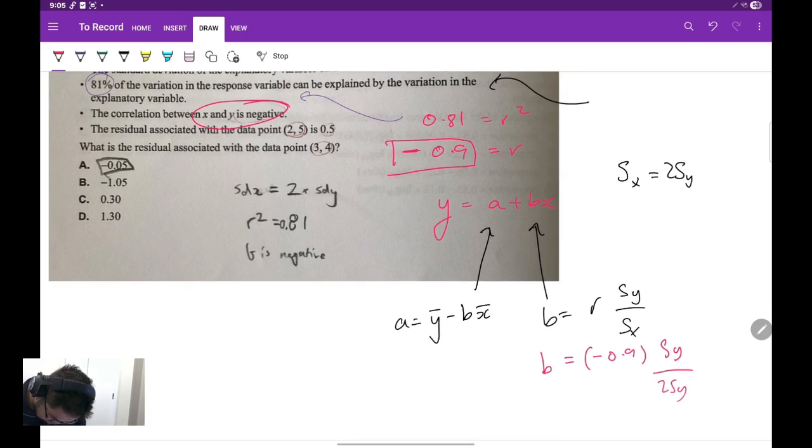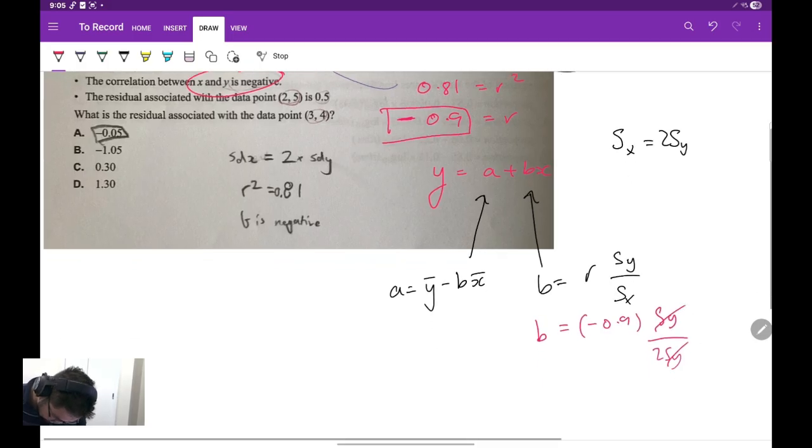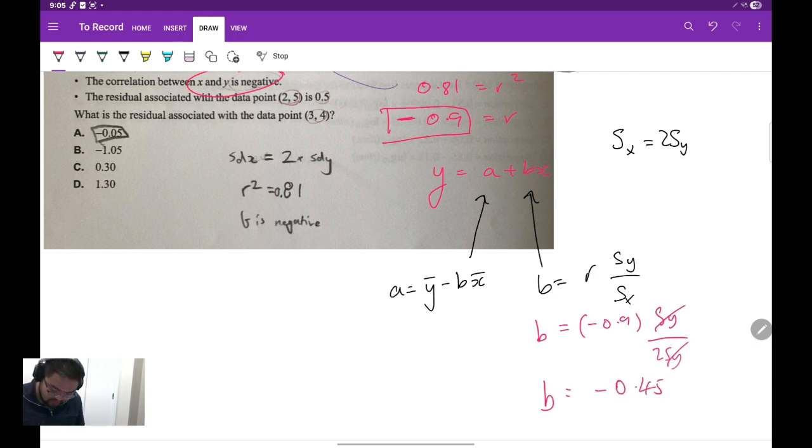Okay, the sy's can cross out, which gives us a b value of negative 0.45 if you divide that through on the CAS. So if you run this through on the CAS, you'll get b is equal to negative 0.45.